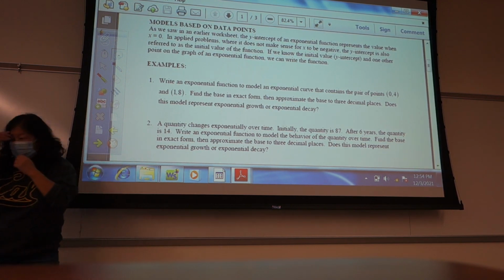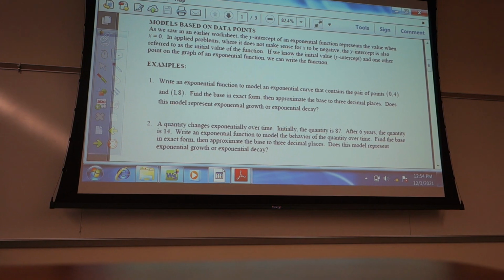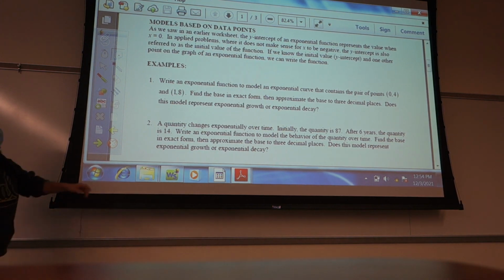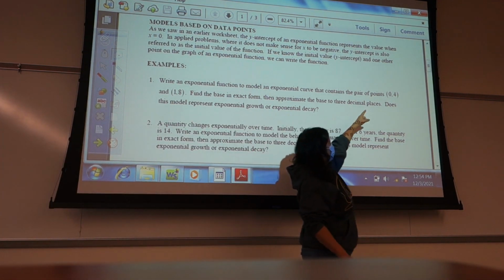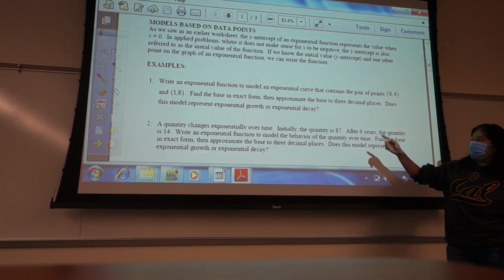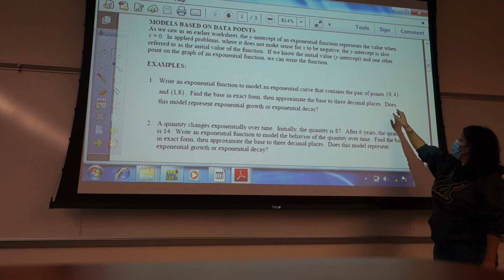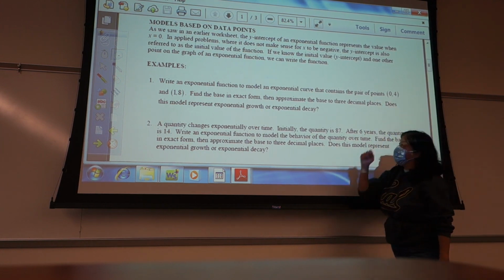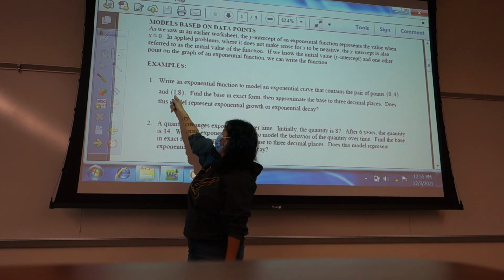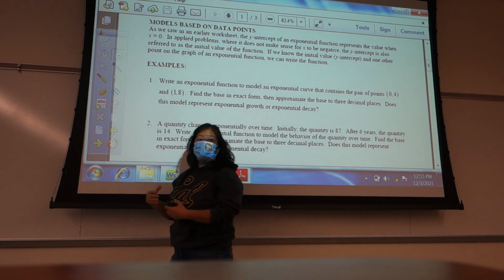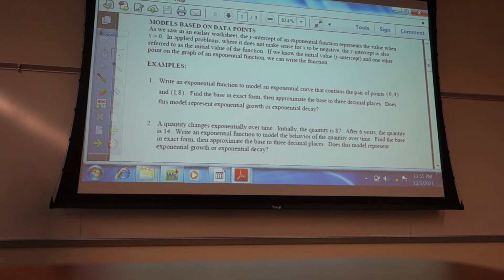All right, let's take a look at that one. So first of all, if I go from (0, 4) to (1, 8), do you think that I'm growing or decaying? Growing, because initially I have 4, then after an hour or a day, I have 8. So I've increased. As the x's go up, do the y's go up or down? Up.